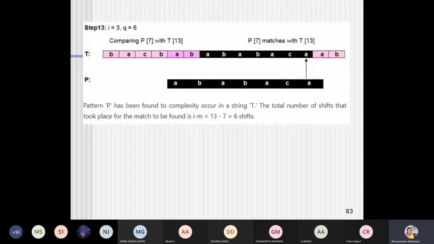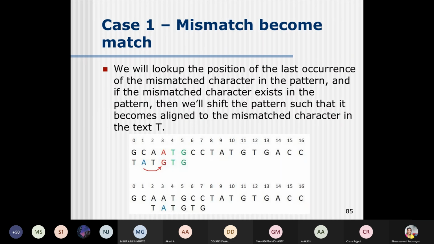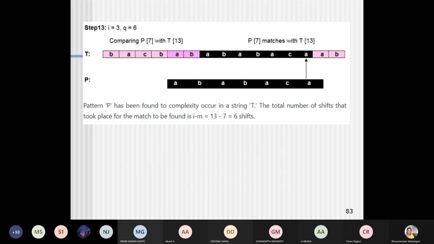Let me show you this with an example. A, B, C, D, A, B, C, E, A, B, C, A, B, C. So this is going to be my text.